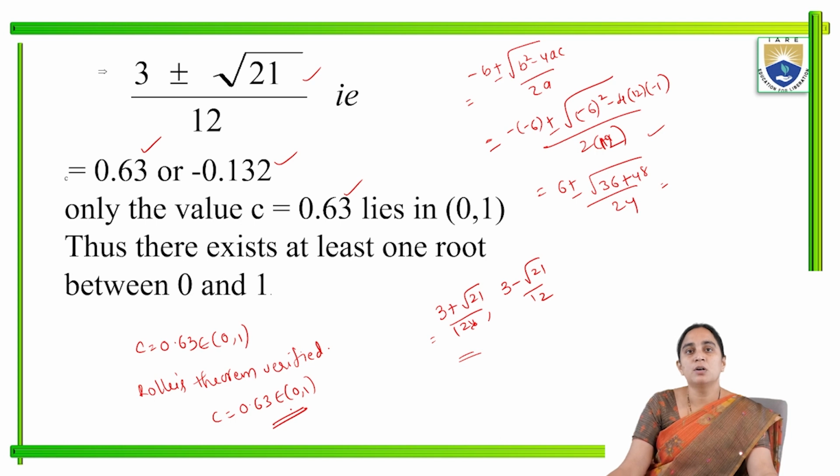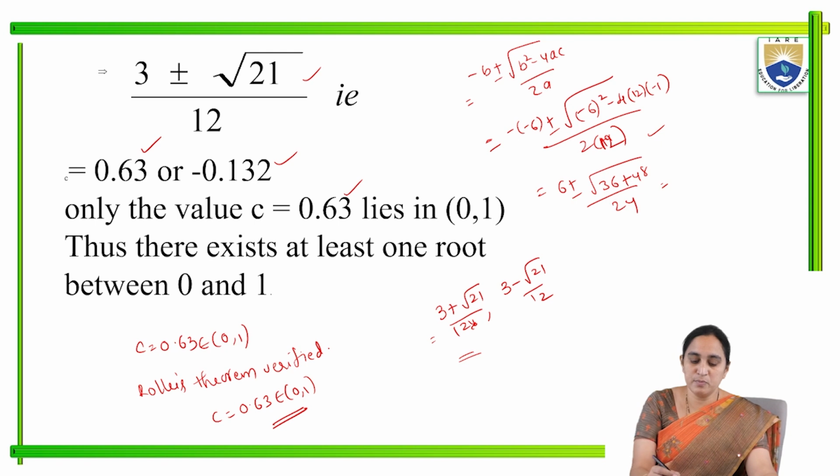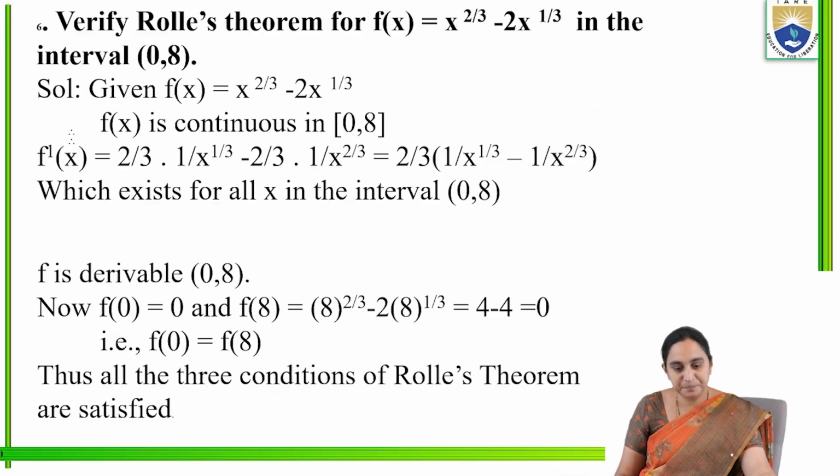This is the concept: by using Rolle's theorem we verify whether the function satisfies the conditions or not. If it is satisfied, then you can find the C value. From that we get C is equal to 0.63.